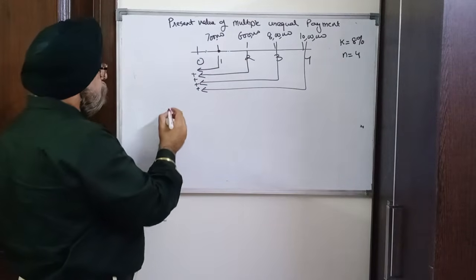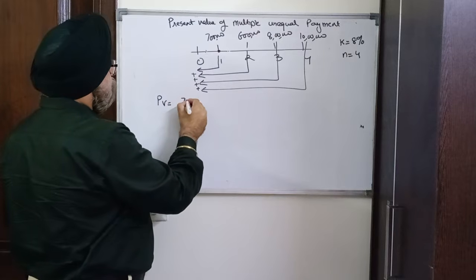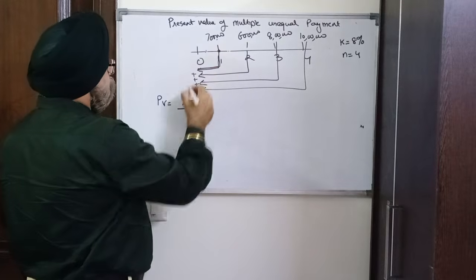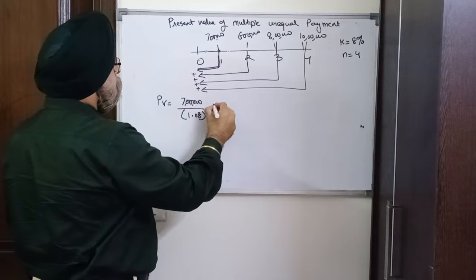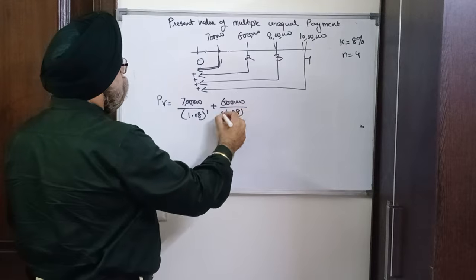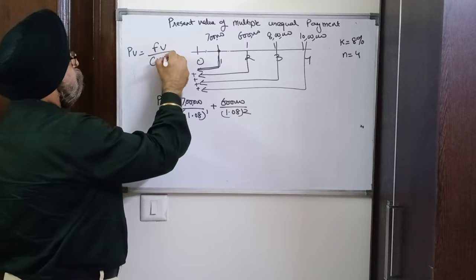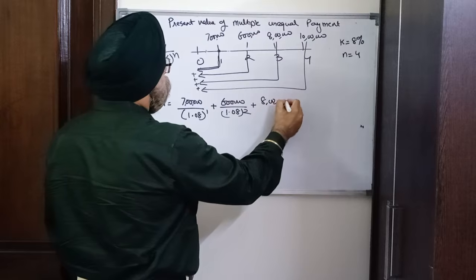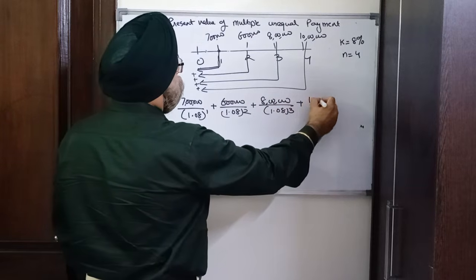Now the equation will become present value is equal to 7 lakh upon 1.08 raised to power 1 plus 6 lakhs upon 1.08 raised to power 2, plus third, plus 4.